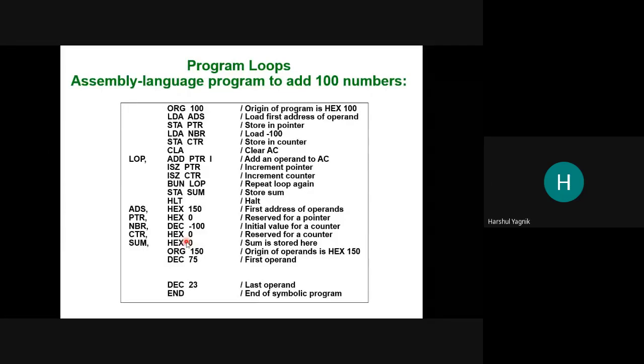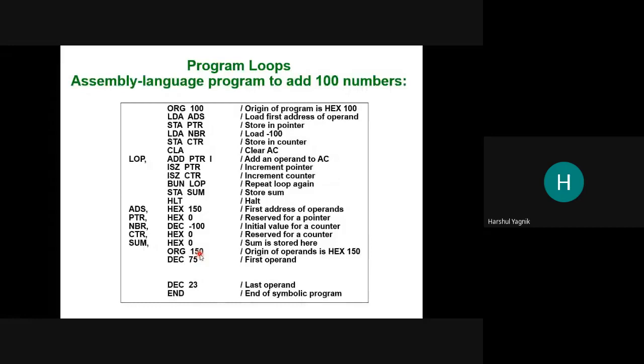Now over here you can see that this thing, what is this written? Origin from 150. So this is to have the operand values at different memory locations. So what are those values?